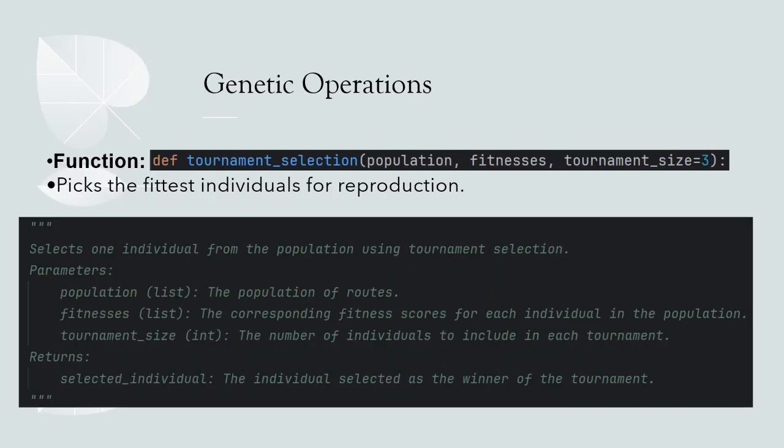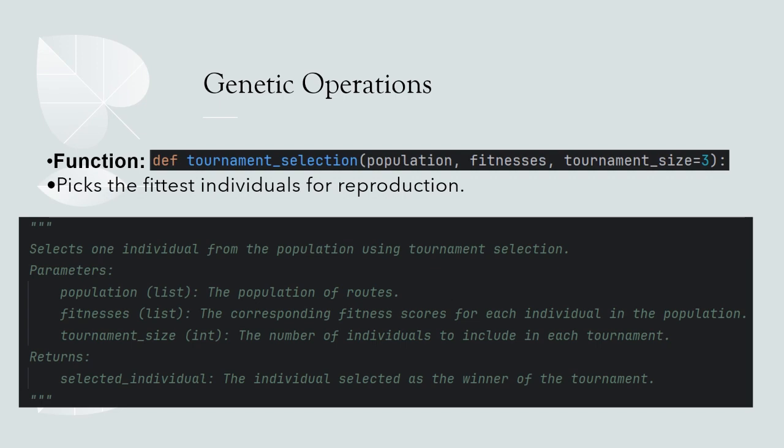Okay, functions. Genetic operations. So I started with a tournament selection, and for me, the parameters were population, fitness, and tournament size. And here I have some comments within the code that I will be showing later. It selects one individual from the population using tournament selection.